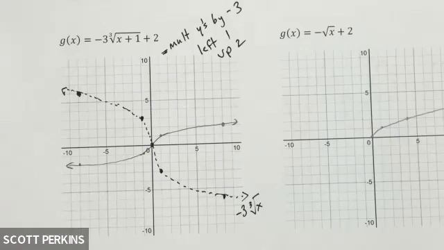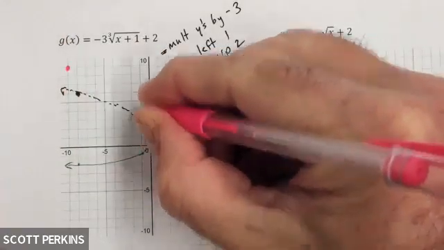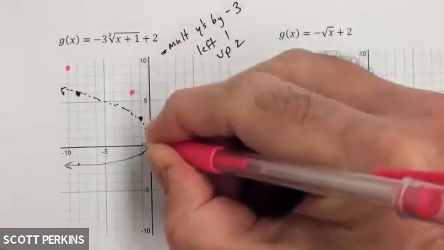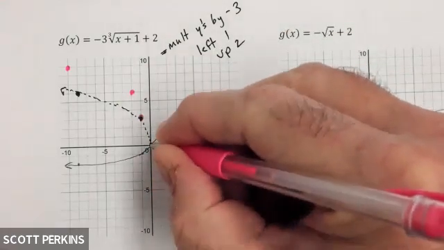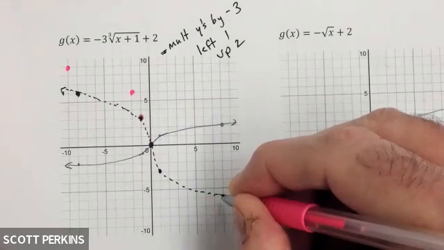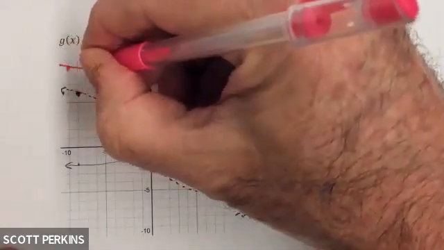I'm going to take that dotted graph. I'm going to move the whole thing left 1 and up 3. So left 1, up 3, boom. Left 1, up 3. Left 1, up 3. Left 1, up 3, and then finally left 1, up 3. And so what we have here is this.